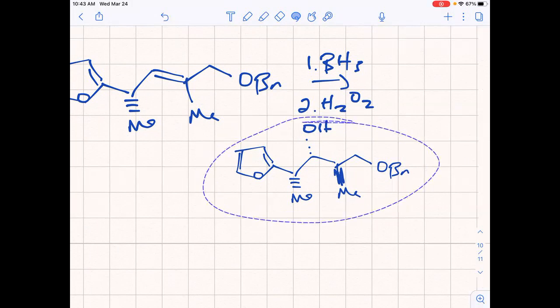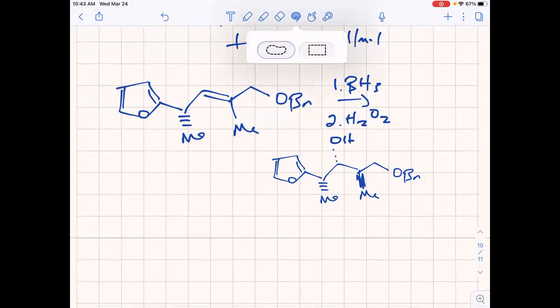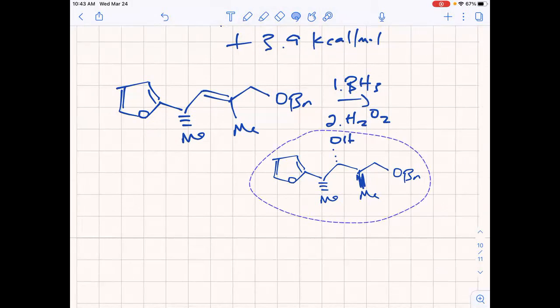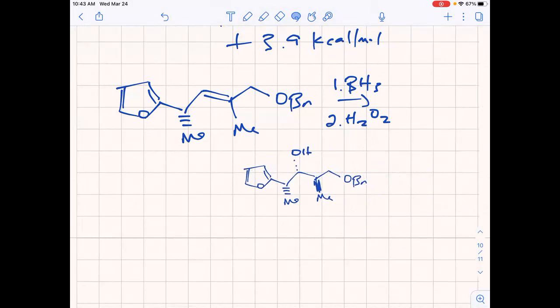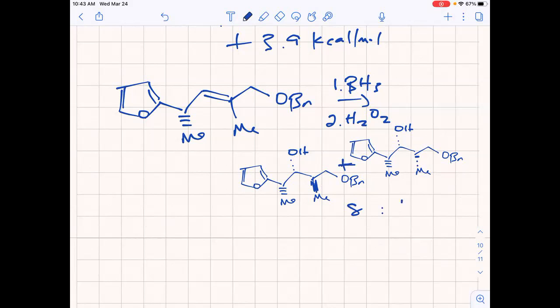Another product here where the methyl group over here is not wedged, it's now dashed. And I'll put a plus here, so that plus that, it's an 8-to-1 ratio, with this being the favored product.